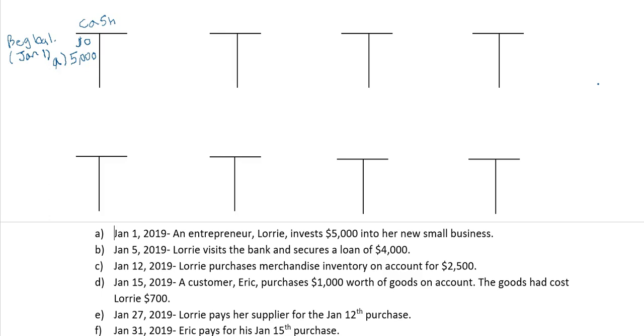So we're going to set that up over here, and we're going to label our T account correctly as Lori, comma, capital. When capital goes up, it ends up being a credit.